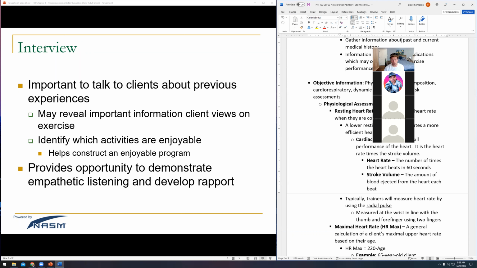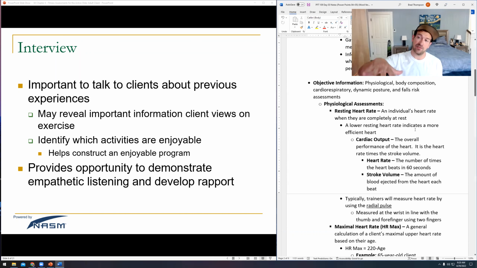However, me personally, I don't like to give my client the questionnaire and then just have them fill it out. I like to interview them and ask them these questions, and I like to write down their responses, because when you interview somebody, it often reveals the important information that is between the lines. You know what I mean?